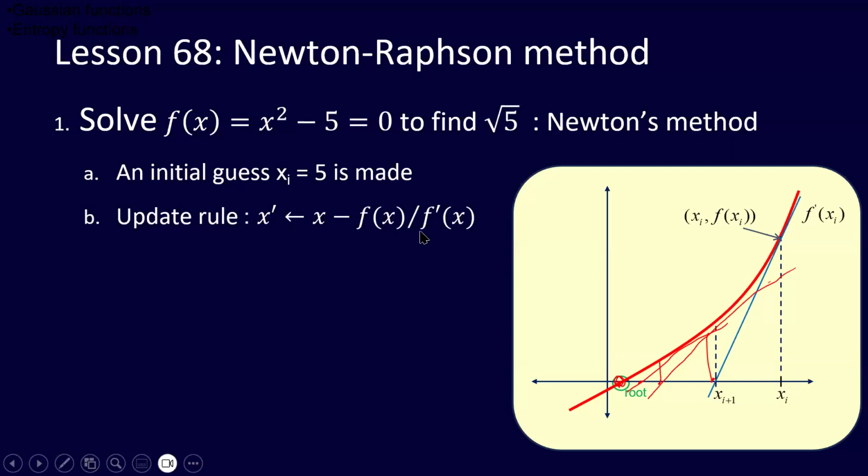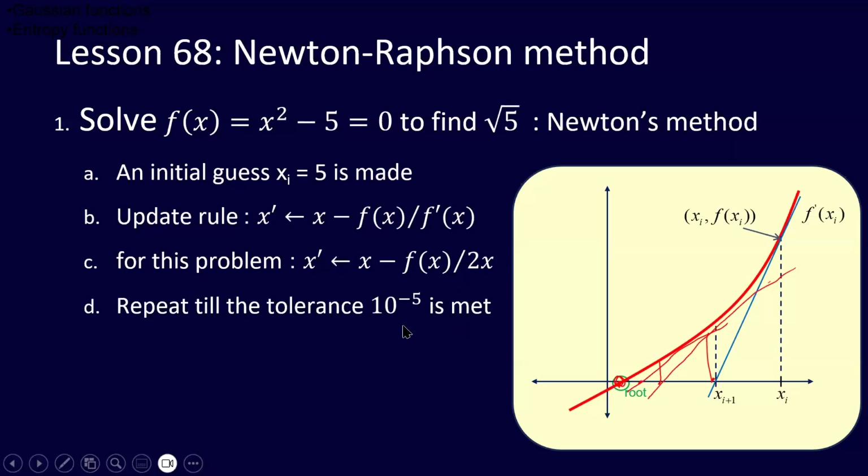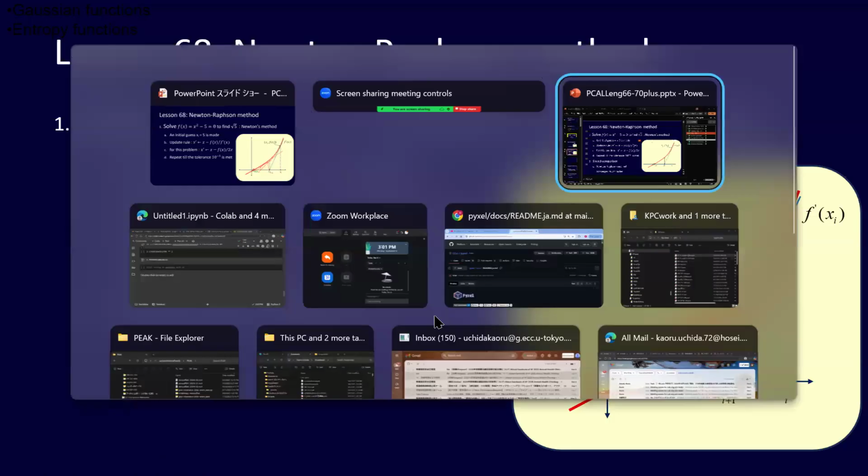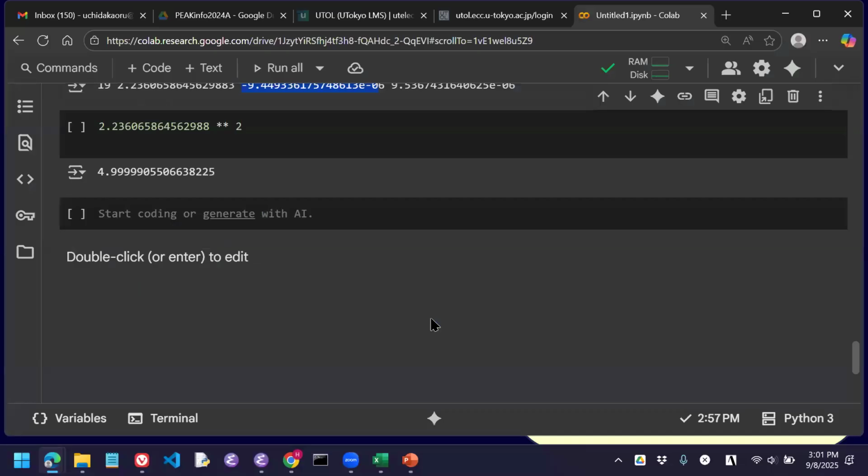In this case, f prime is what we get by differentiating with respect to x, so the iteration is like this: x minus f of x over 2x. So let's do that, repeating till the tolerance is met. Let's run it and see how well it works.